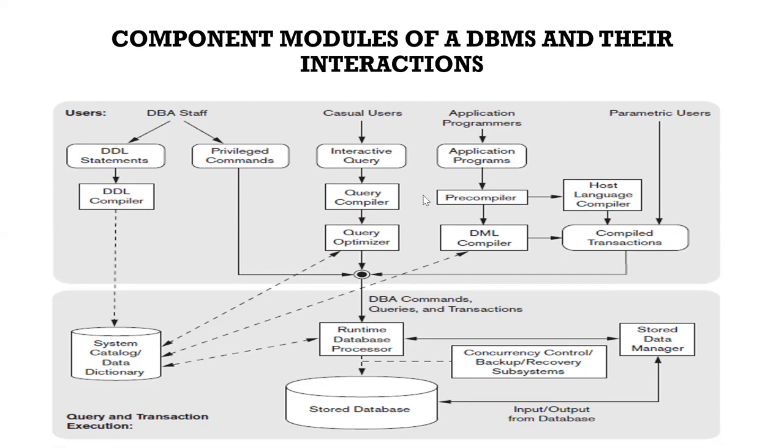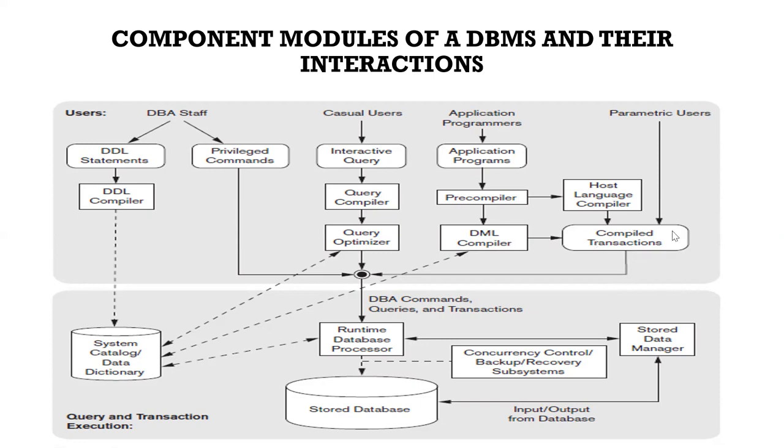Application programmers are responsible for application programs, and these will be precompiled. During precompiling, if there is any error, it will go to the previous stage and be performed again. After successful precompiling, it will go to the DML compiler, the data manipulation language compiler.